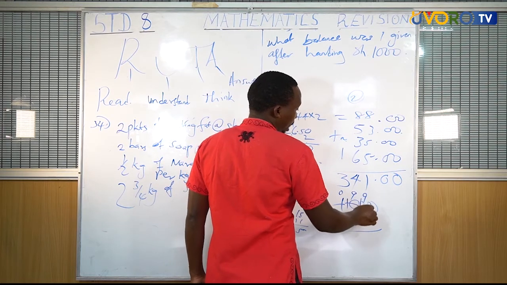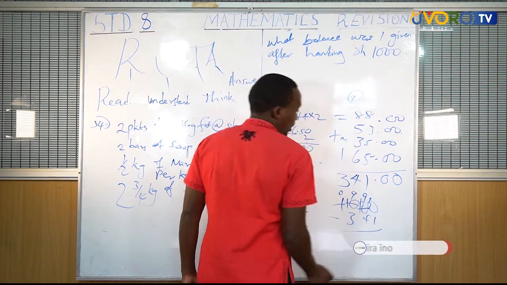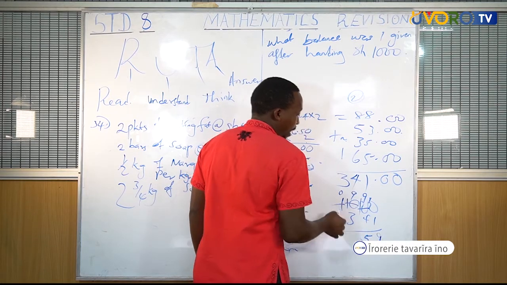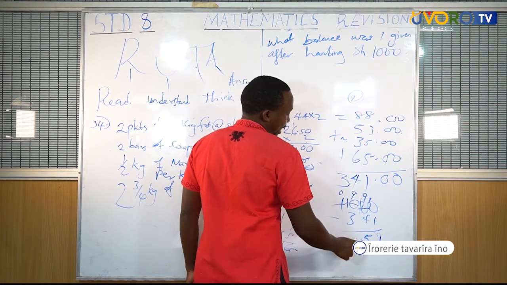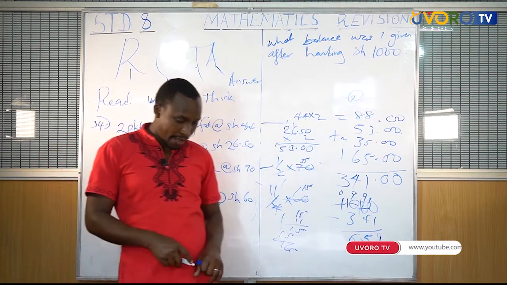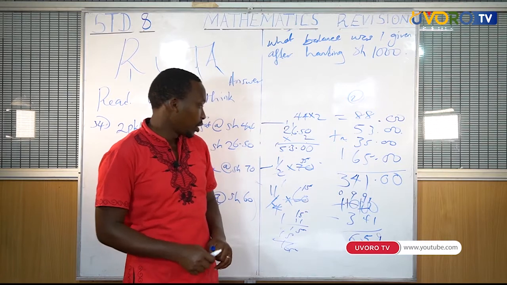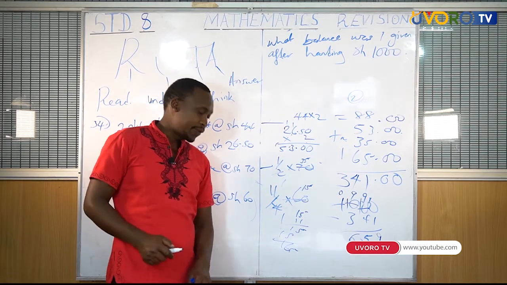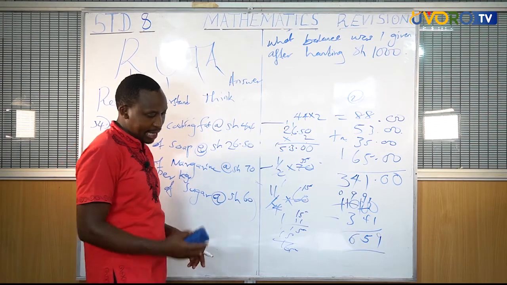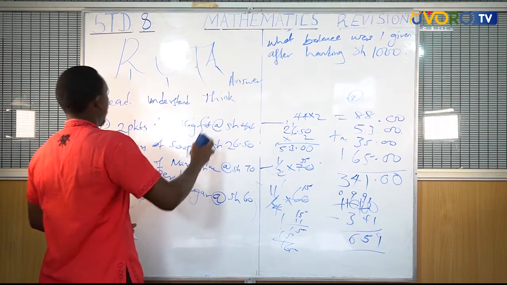You borrow 1, it becomes 9. 10 minus 1 is 9. 9 minus 4 is 5. 9 minus 3 is 6. The balance that this person was given was 659.